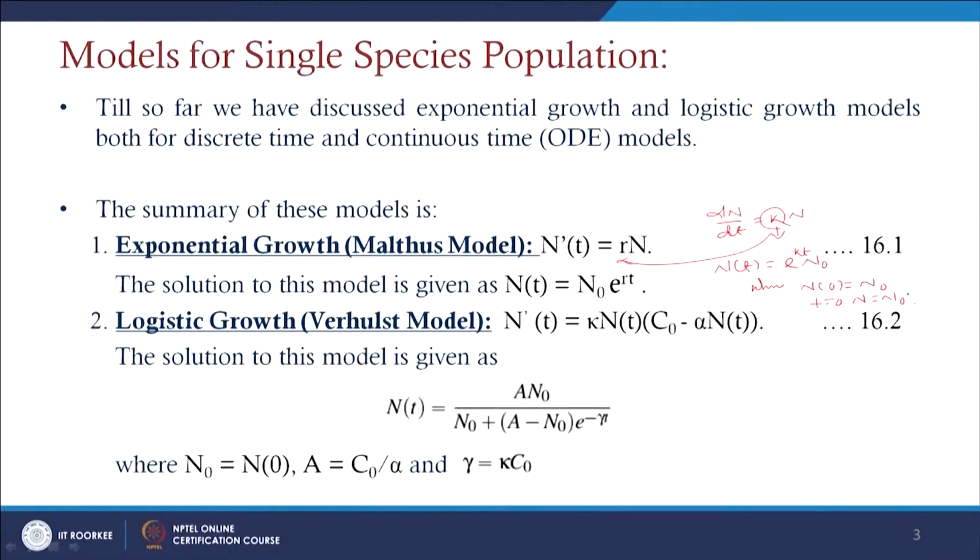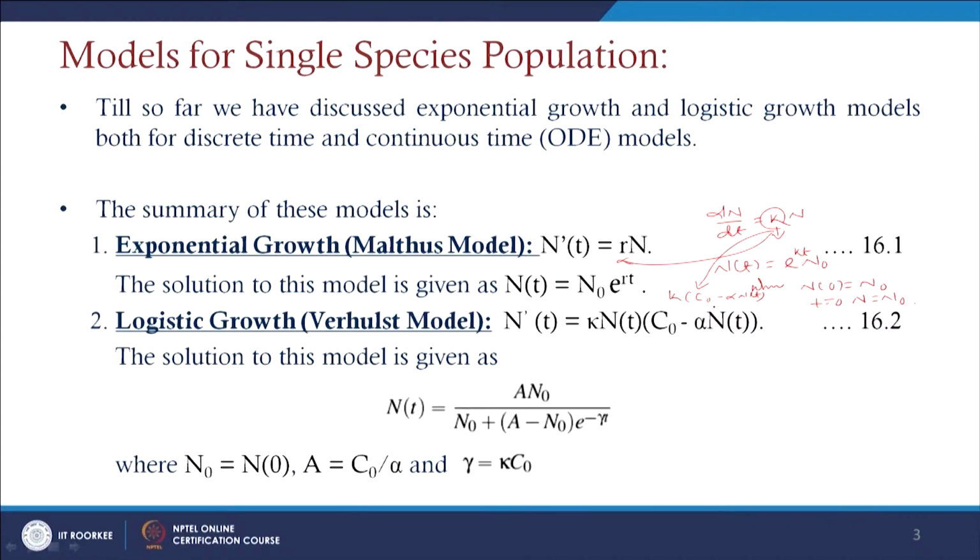But always that is not possible. Maybe some disease will eradicate them, and this growth rate can be broken down. So up to a certain level we can assume that this Malthus model is valid, but after that we cannot. That is why the logistic growth model comes to the picture, which is especially called Verhulst's model, where we have assumed that k is a factor like k into (C0 minus alpha N(t)).